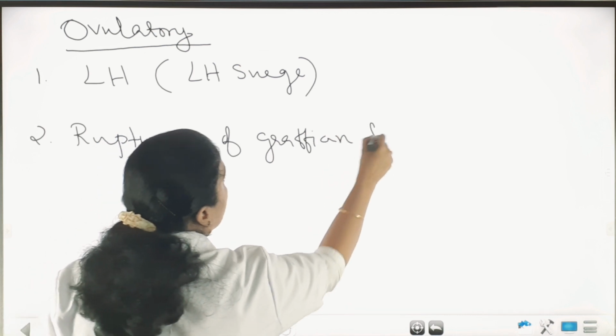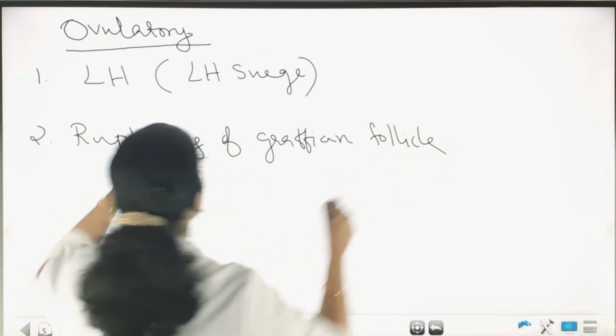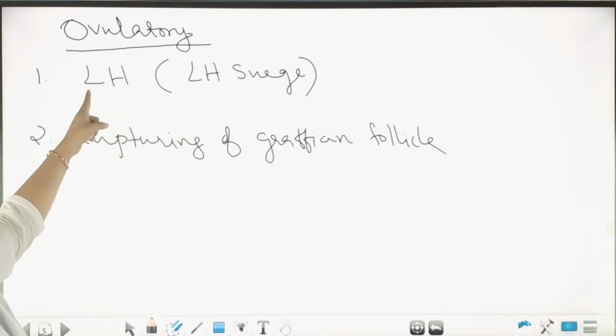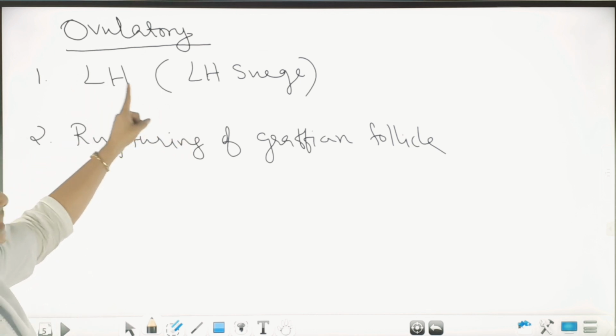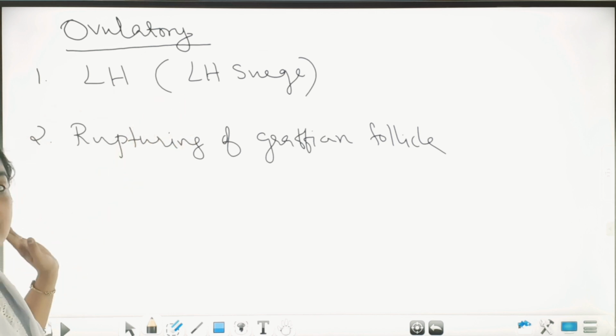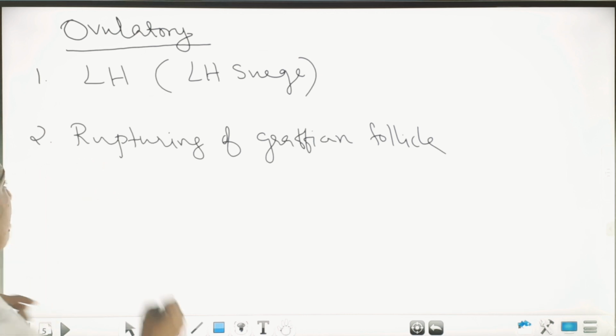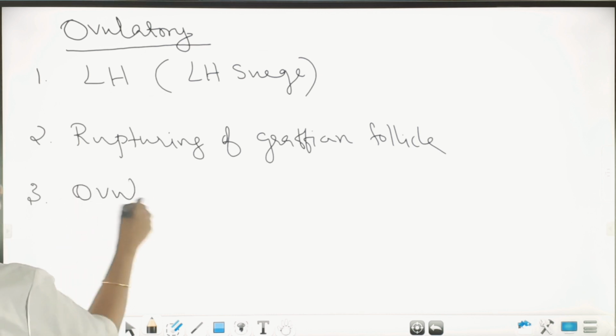Why does the Graafian follicle get ruptured? Due to LH surge. What is LH surge? The rapid secretion of LH reaching its maximum level is known as LH surge, S-U-R-G-E, and that results in the rupturing of Graafian follicle, and it is followed by ovulation.